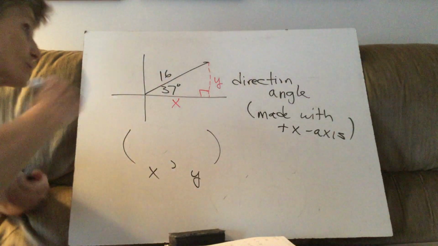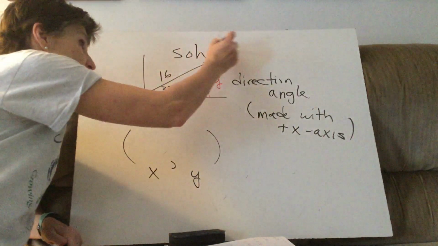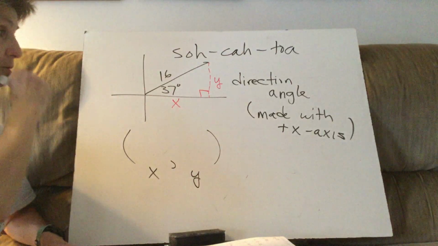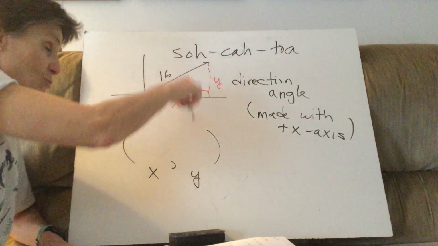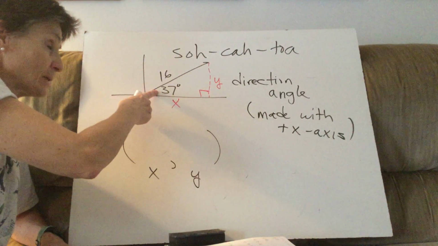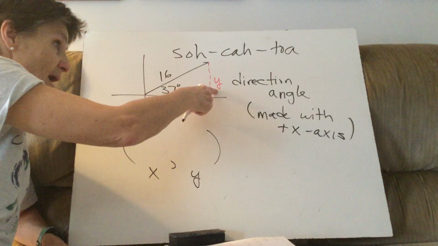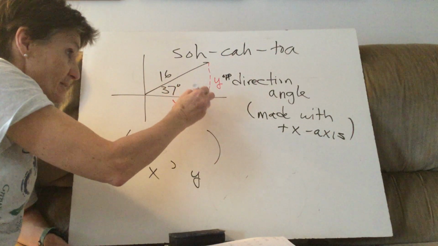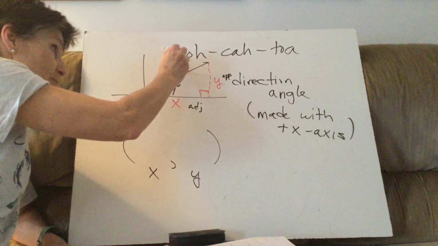We're going to use SOH CAH TOA. You look at this right triangle right here. This is your angle. So y is going to be the opposite side, and x is going to be the adjacent side. 16 is the hypotenuse, of course.